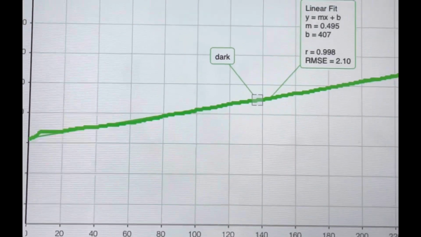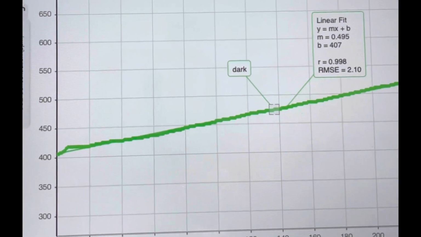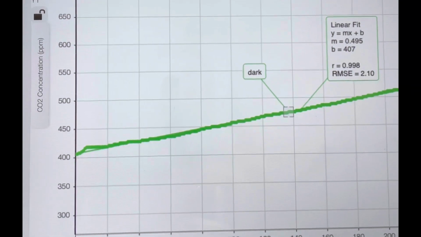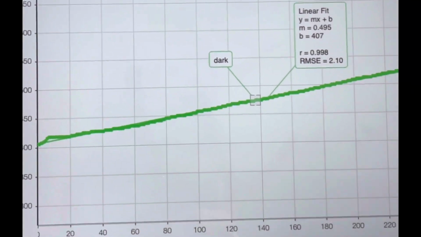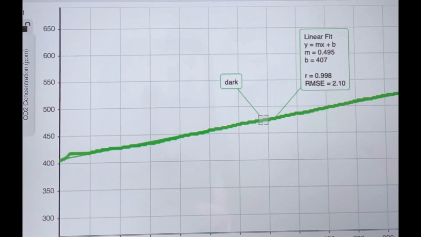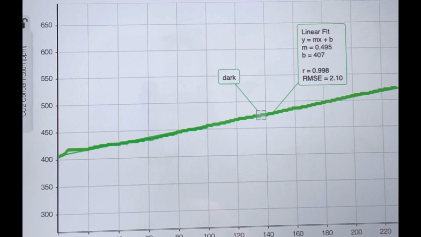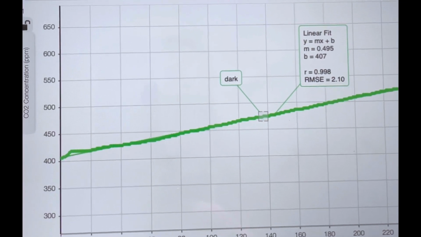And get rid of that if I choose to. And then we could isolate the data when we have the dark run. All right, we will be discussing what happened in class.